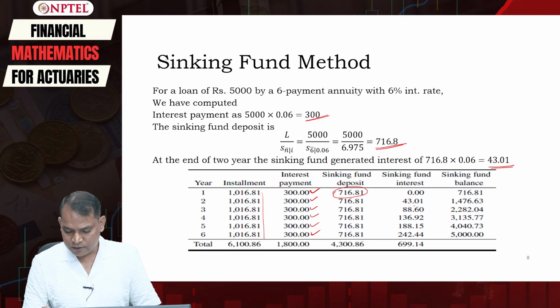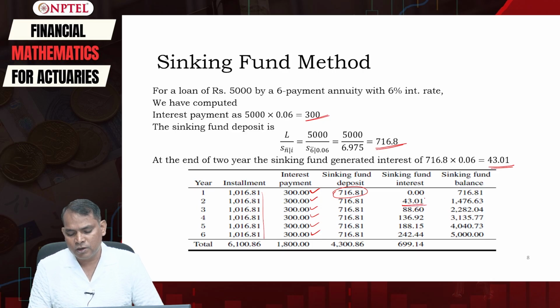Initially, your deposit will earn the sinking fund interest amount of 43.01 after the second payment, and therefore the sinking fund balance is 1476.63, right?